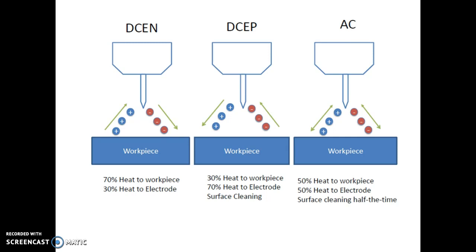In case of thinner material, direct current electrode negative is used. Whereas in alternating current, there is a change, 50% of heat to the workpiece and 50% to the electrode. So here it is a 50-50 environment.